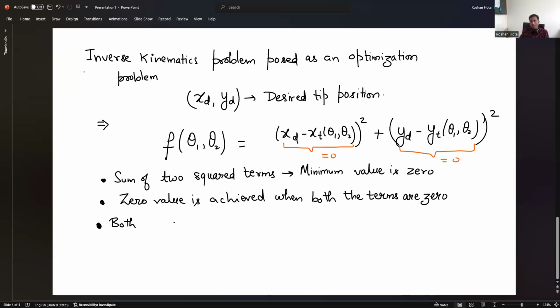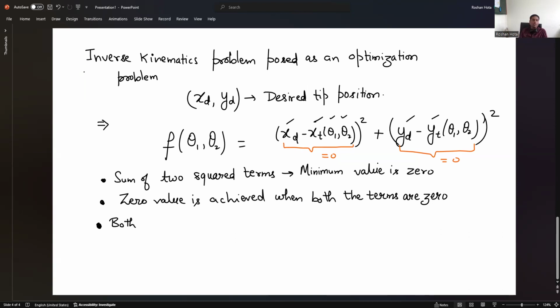Both these terms becoming 0 implies that we have found the values of theta1 and theta2 that will make the x coordinate of the tip position equal to the desired tip position. Similarly, the y coordinate of the tip position equal to the desired tip position.